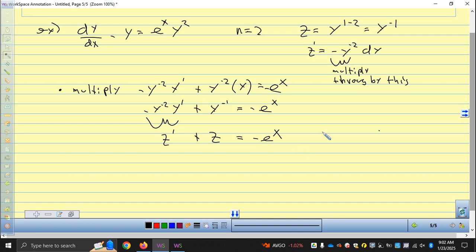This is a first order linear equation in z now. So we can solve this equation for z, and then once we find z, we can back substitute to find y. So multiplying through by this quantity transforms our equation into a first order linear equation with our new variable z.